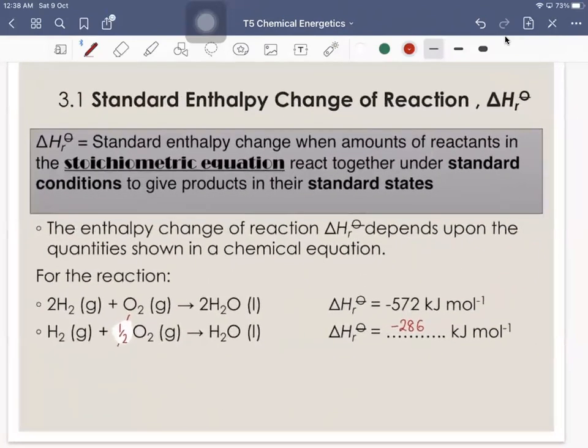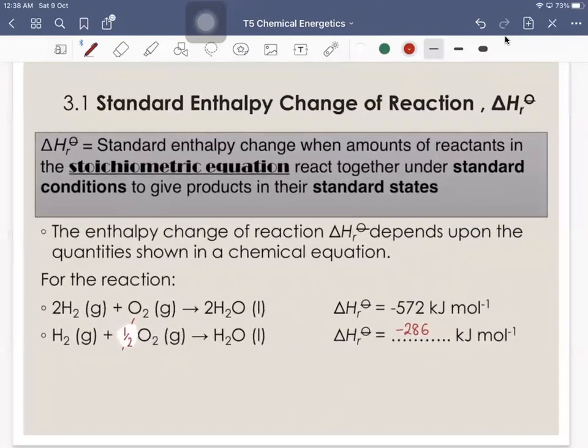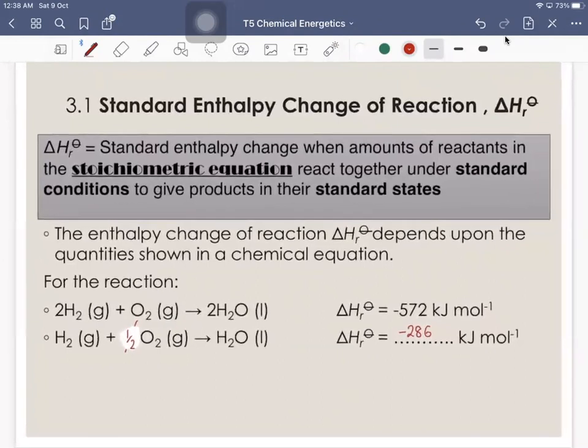Okay, so if I just give an explanation here, this is the enthalpy change when 1 mole of H2O is produced. Whereas this is the enthalpy change when 2 moles of H2O is produced.